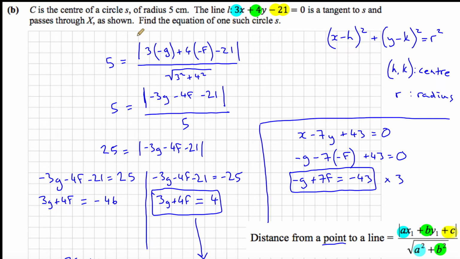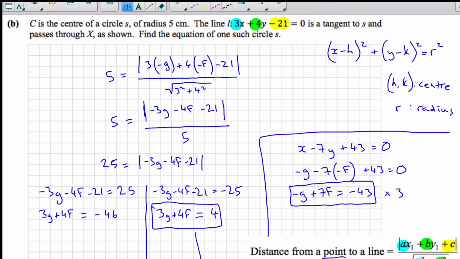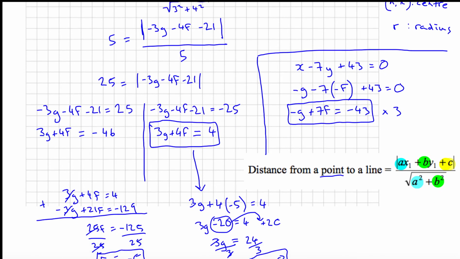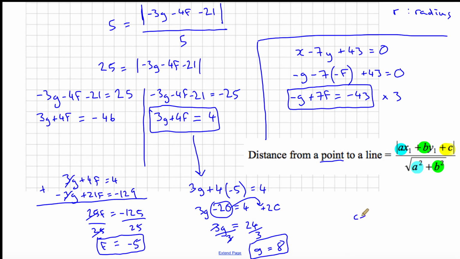So the center of the circle is going to be minus g, which would be minus 8, and minus f, which would be minus minus 5, which would be 5. So that's the center of the circle.